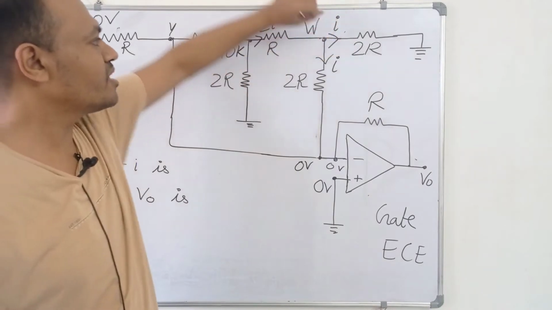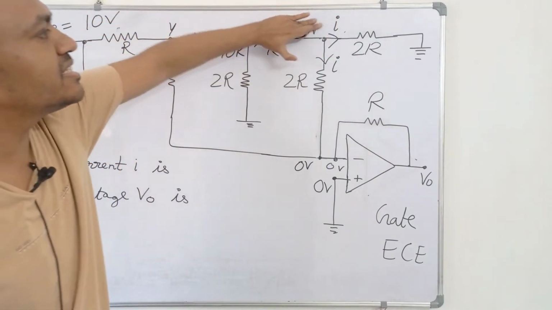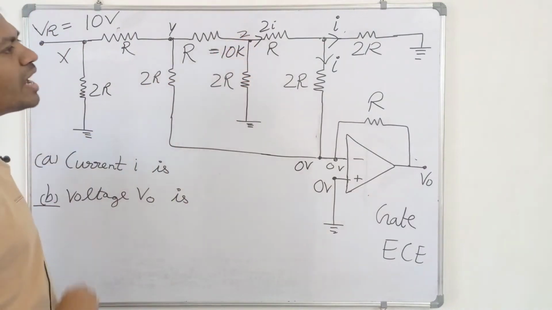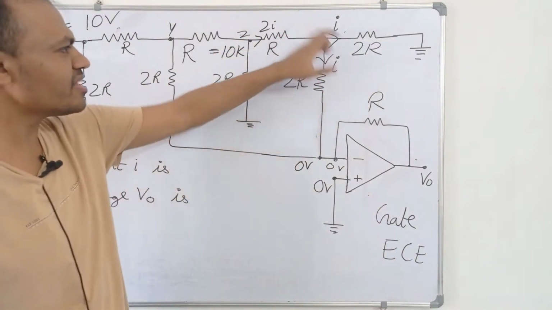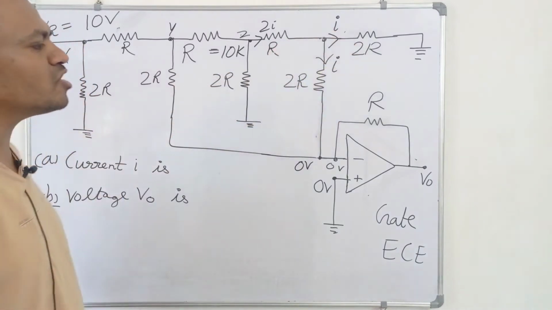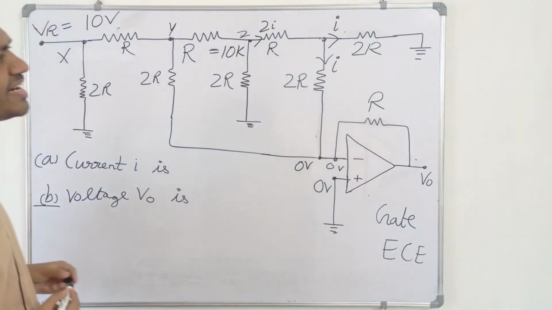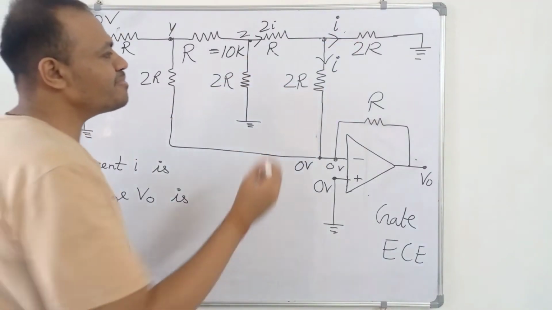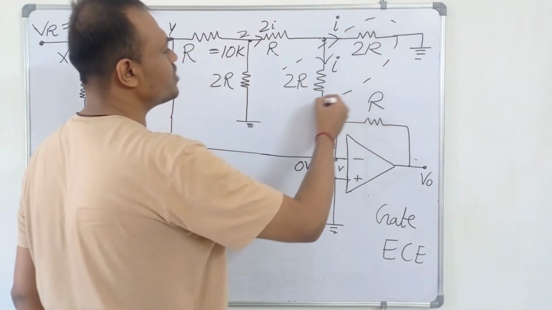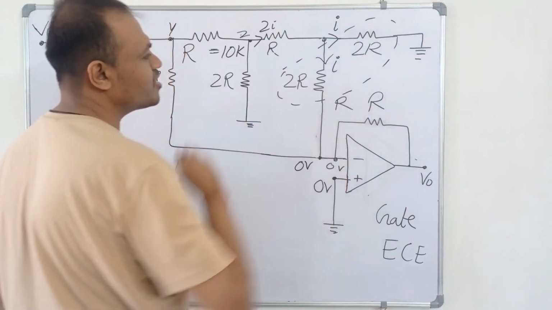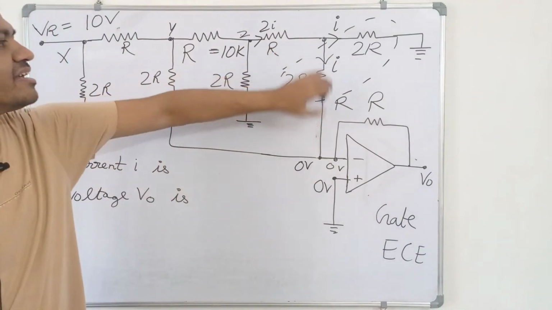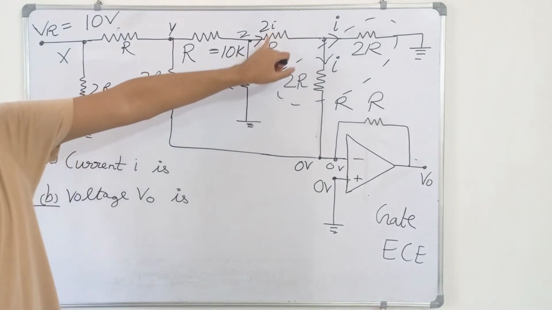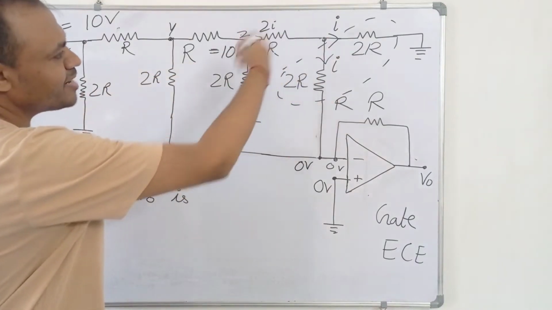Now we come to this node Z. At Z we have this 2R resistor, and this is the combination. If we find the equivalent resistance of this combination, this 2R and this 2R are connected in parallel, so they are equal to R. Then this equivalent resistance R is in series with this R, so the total becomes 2R.